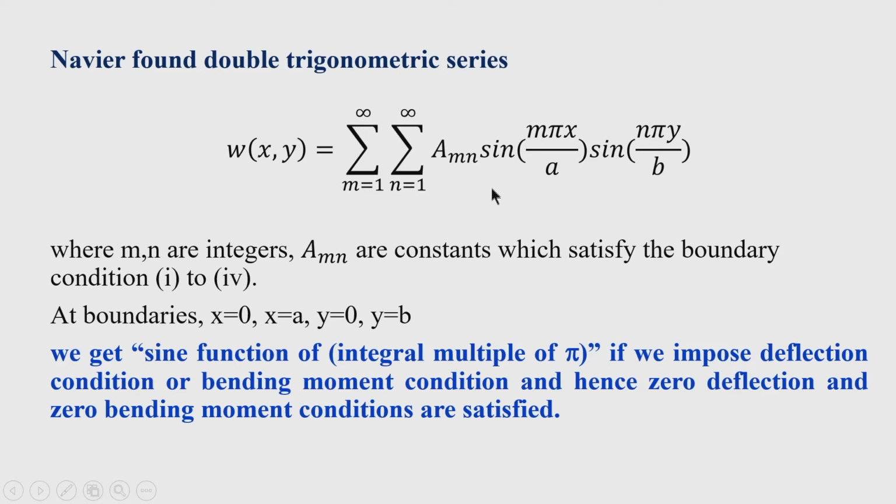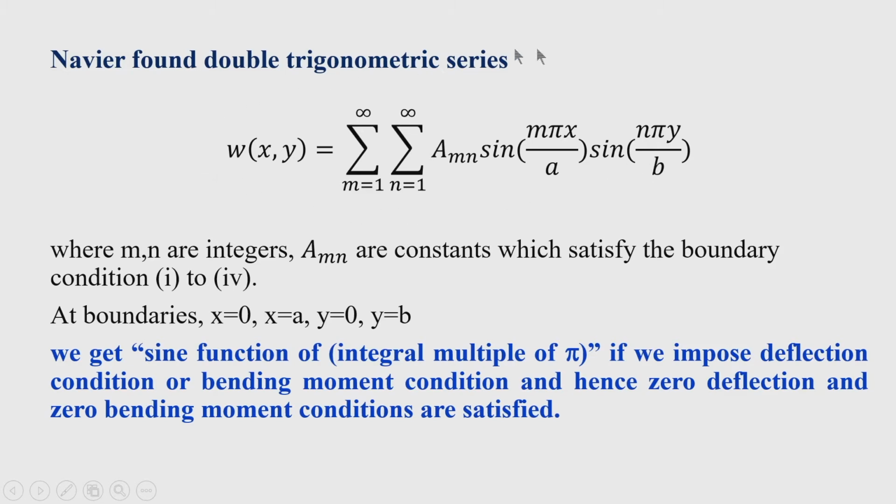So the condition del square w by del x square is satisfied. Similarly, if I differentiate this expression 2 times with respect to y, again the sine function sin n pi y by b appears, with the coefficient n square pi square by b square. Now put y is equal to 0 or y is equal to b, and the bending moment condition will be satisfied. That means the curvature will be 0.